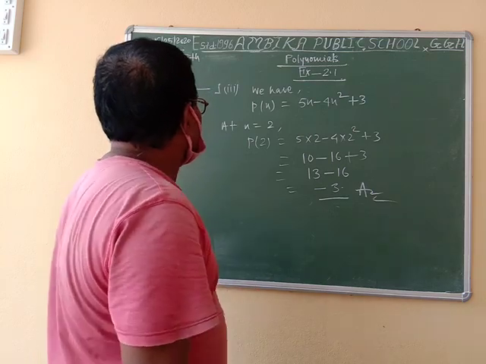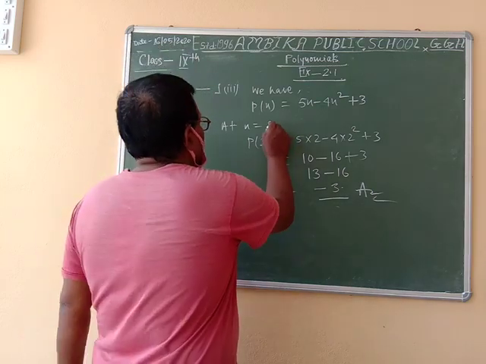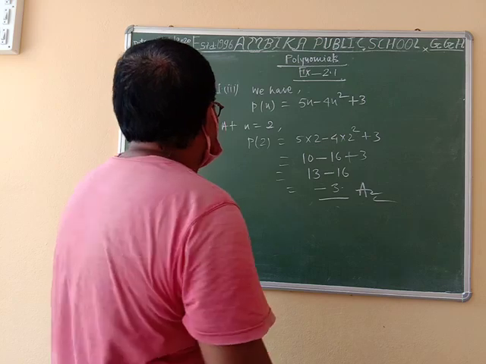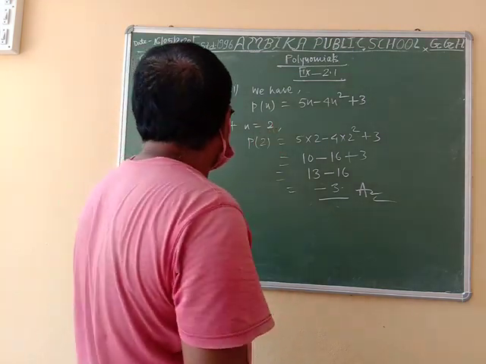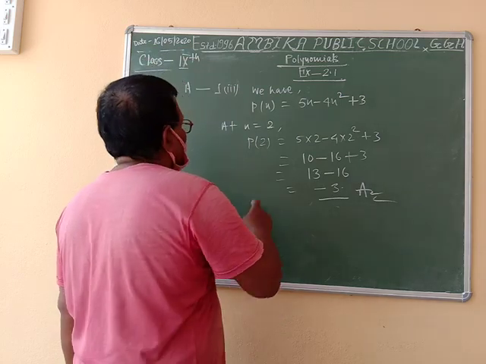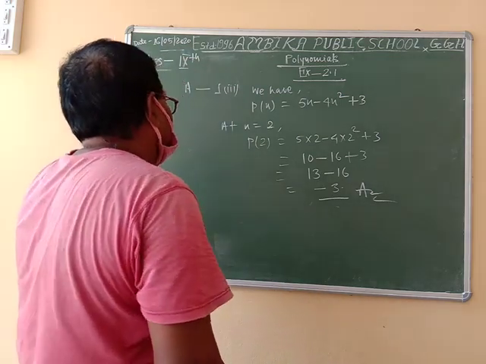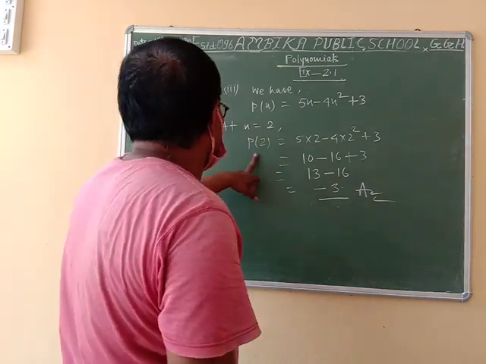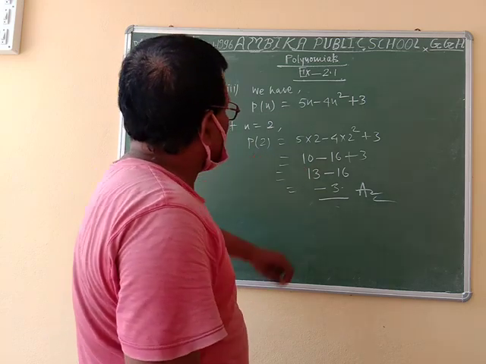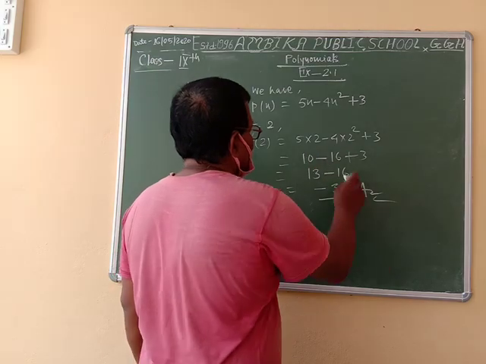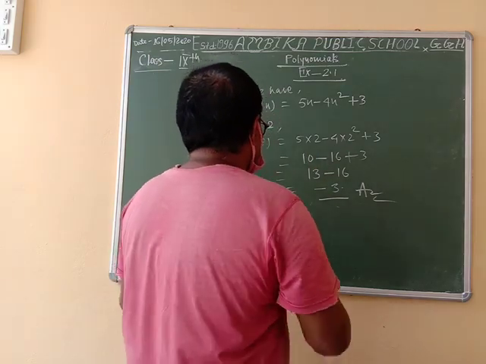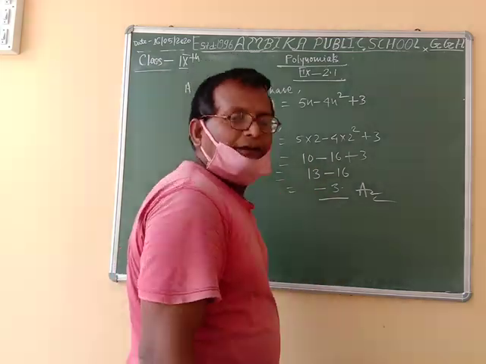In place of 2, we had taken a wrong value. So the correct value, putting correct value x is equal to 2, P(2) बराबर 5 into 2 minus 4 into 2 square plus 3 बराबर 10 minus 16 plus 3 बराबर 13 minus 16.